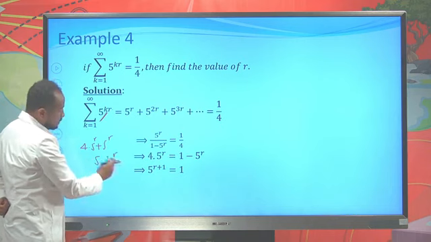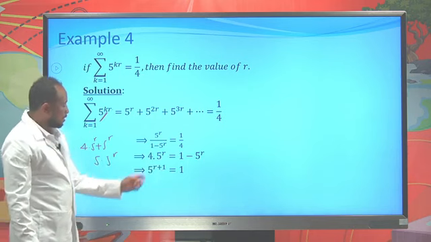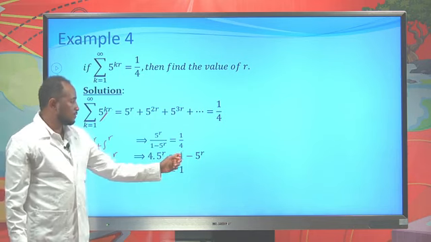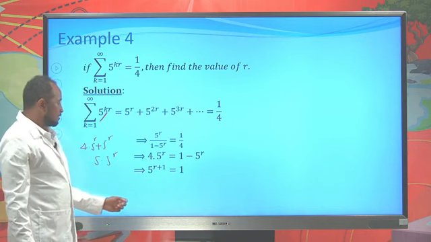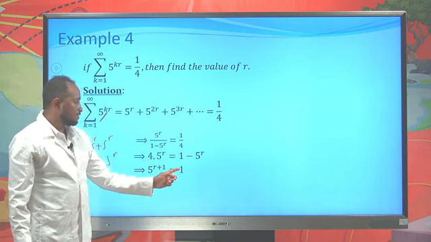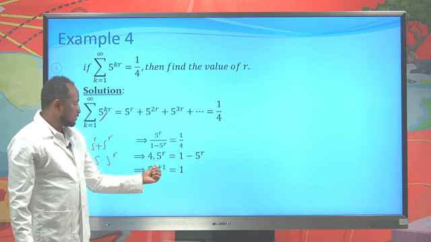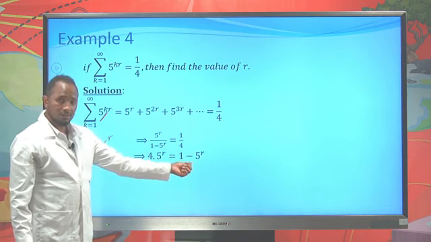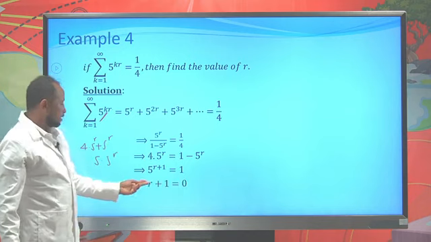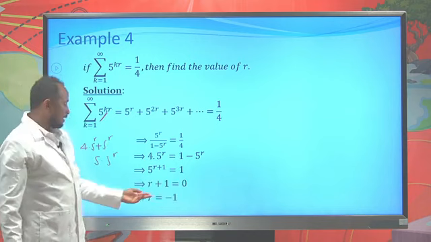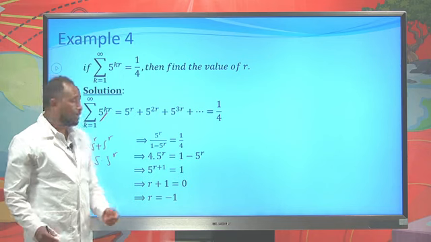The product of the two is 5 to the power of r plus 1. 5 to the power of r plus 1 is equal to 1. I can write this 1 in the form of 5 to the power of 0. So this implies that r plus 1 is 0. So the final answer is r equals negative 1.